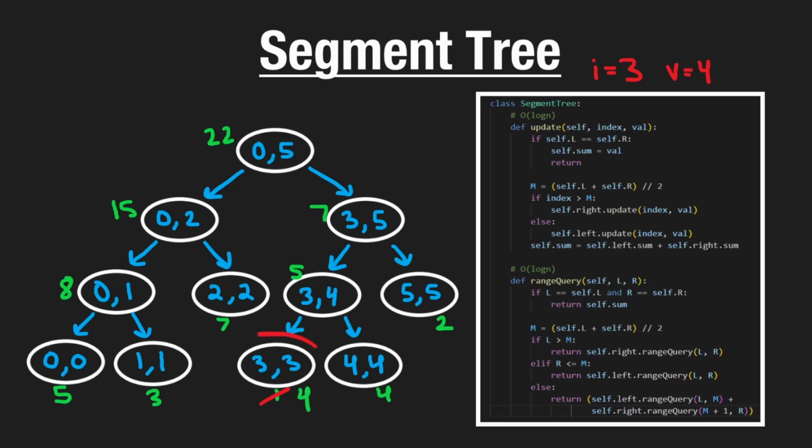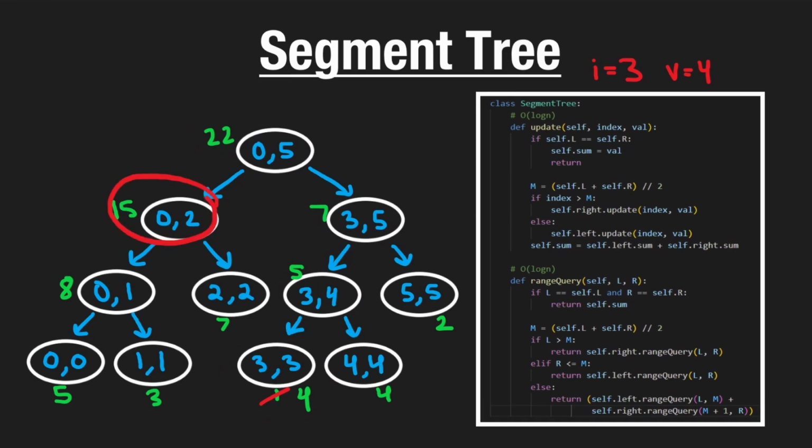So that's all nice and dandy, and at this point you might think we're done. But remember what this segment tree is supposed to represent. Every node is supposed to represent a range of values and the sum of that range of values. Since we updated one value, we at this point have to update every value in the chain of that value, but essentially all the ancestors of that value, because they're the ones that are affected.